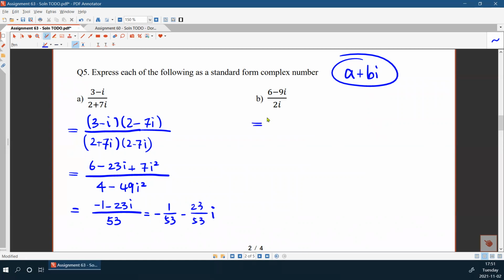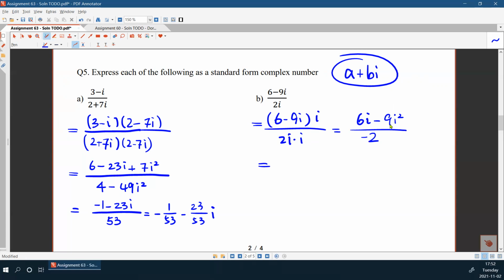Okay, second question, we can just multiply both the numerator and denominator by i, right? So if you multiply it by i, 2i times i will give you a real number, right? So this is 6i minus 9i squared over minus 2, right?